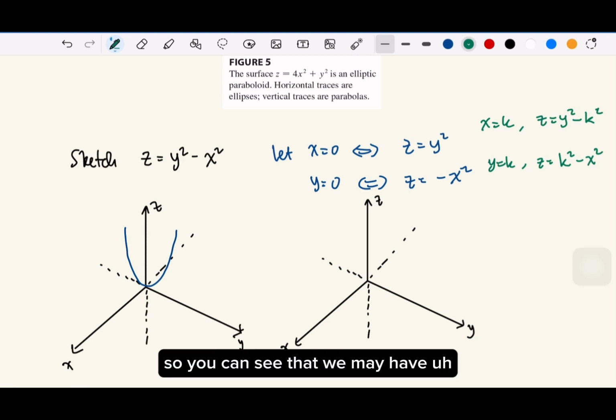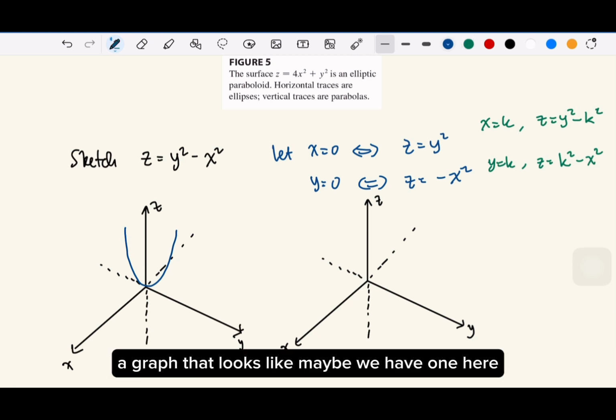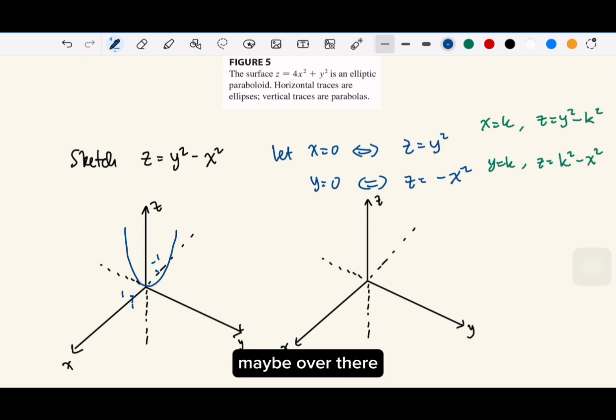So you can see that we may have a graph that looks like, maybe if we have 1 here, let's say this is 1, this is negative 1, it's going to be downwards a little bit.